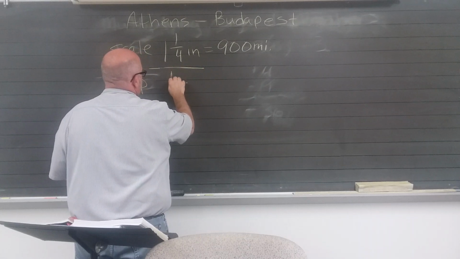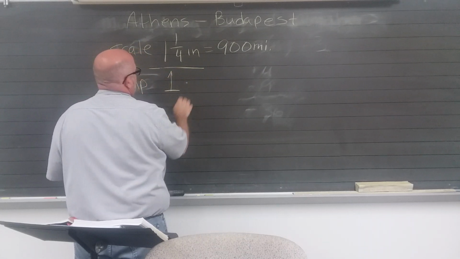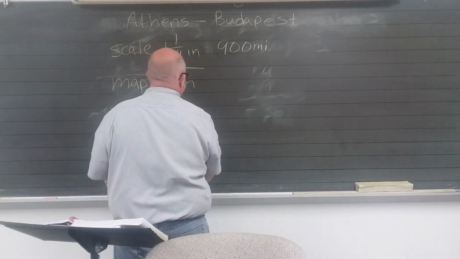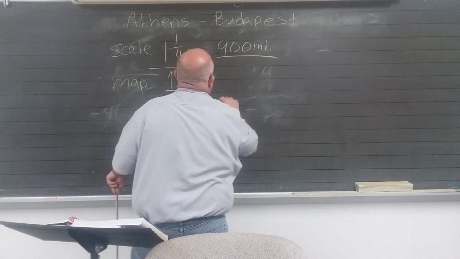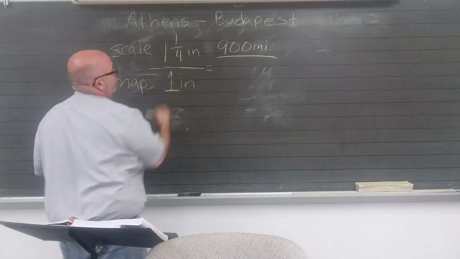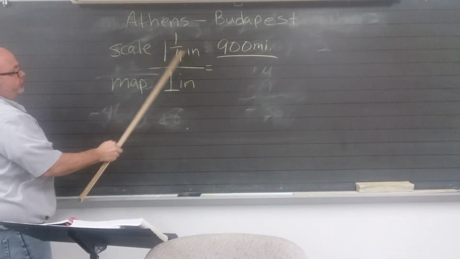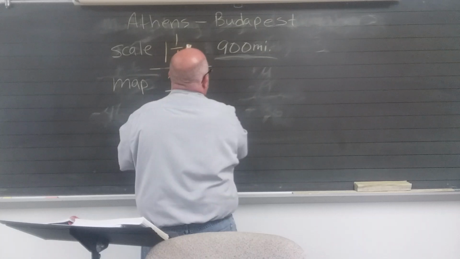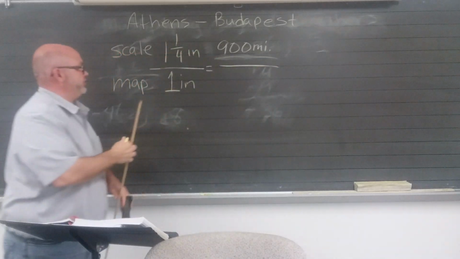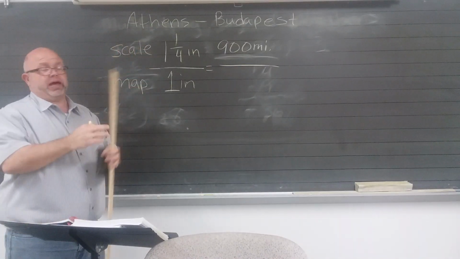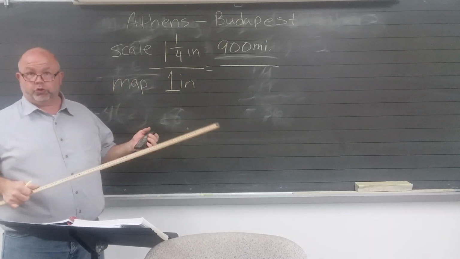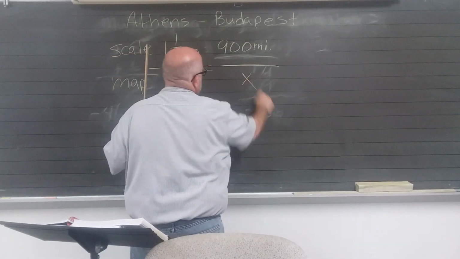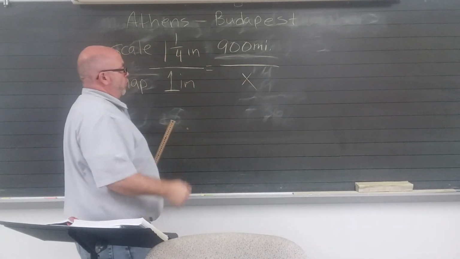So now we have a proportion. Here's your scale on your map: 1 1/4 inch equals 900 miles. The distance from Athens to Budapest is 1 inch on your ruler, so that's what you put in the proportion. Then your missing number is right here. So then work this equation.